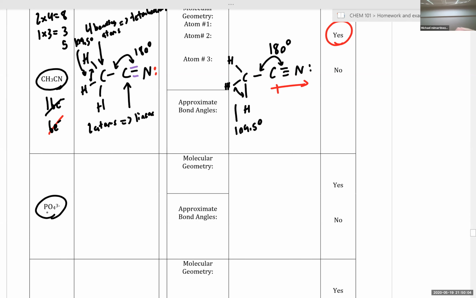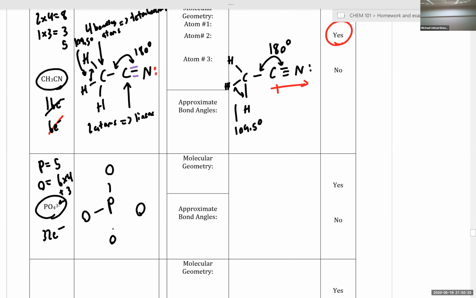Okay, let's look at this next example. Looking at phosphate, for phosphorus we have 5 electrons. For oxygen, we have 6 times 4. And then we add 3 for our -3 charge. So we have 32 electrons to work with. We put phosphorus in the center and we surround it with our 4 oxygens.